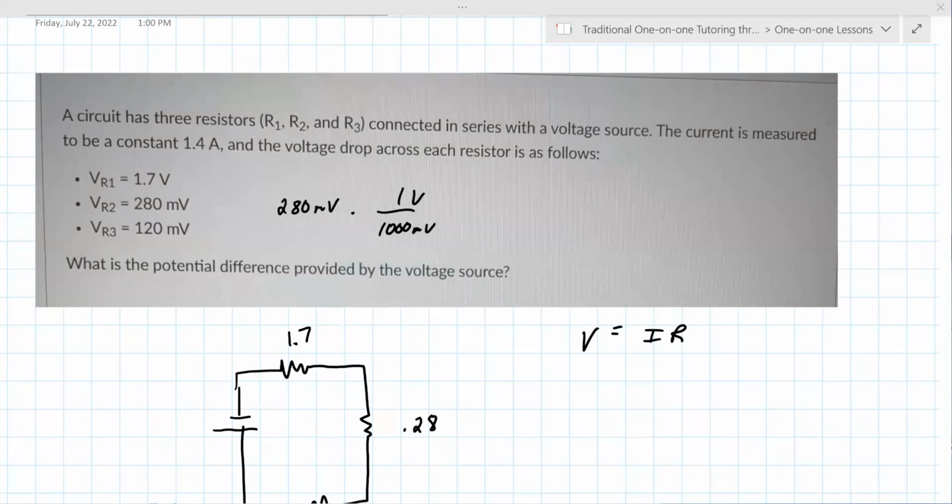I'm just looking here. I'm not finding anything that's helpful at the moment. Let's see what else we can do here.